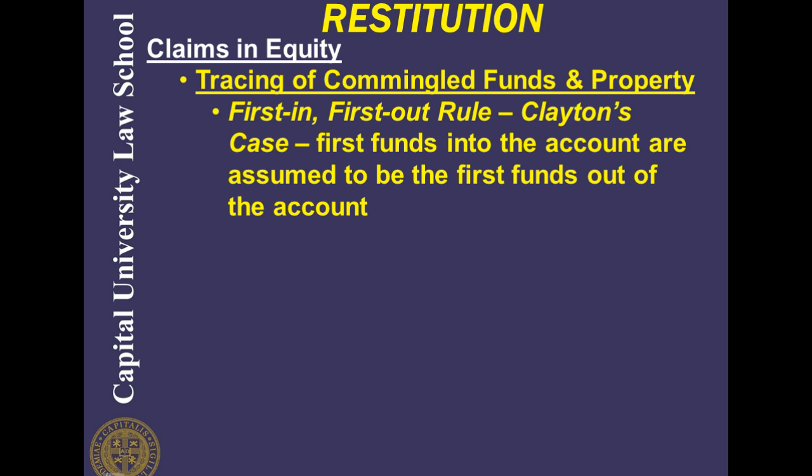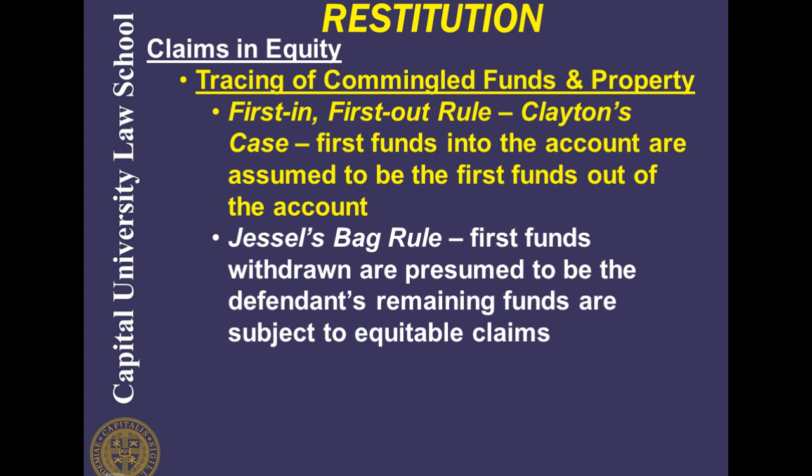Under this rule, the first funds in the account were the defendant's, therefore the first funds out of the account would be the defendant's, and those diamonds would rightfully belong to the defendant, and the plaintiff could not obtain a constructive trust or an equitable lien over the diamonds. The second rule is known as the Jessel's bag rule.